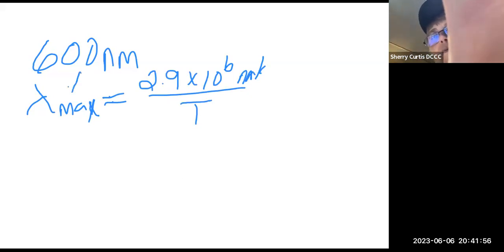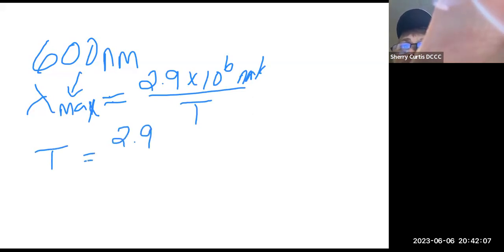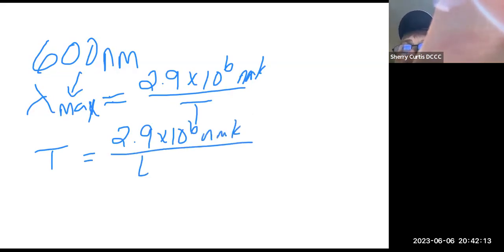So if I know my peak wavelength, I can cross multiply and divide. And essentially, I end up getting my temperature to be 2.9 times 10 to the 6th nanometers kelvins over 600 nanometers. My nanometers will cross out.